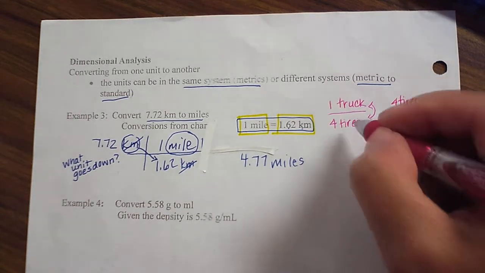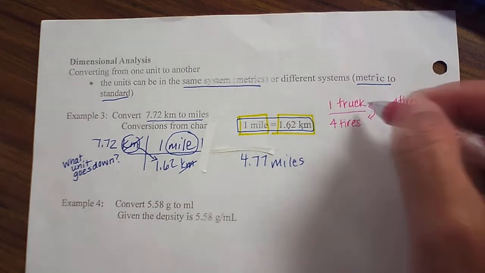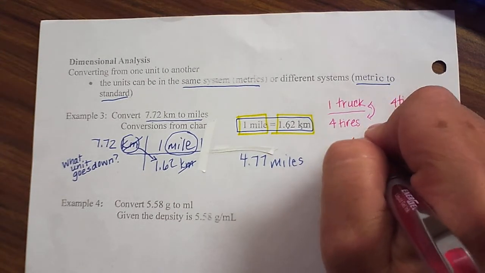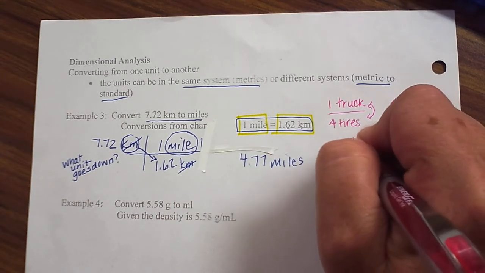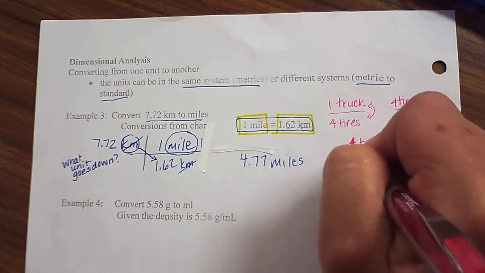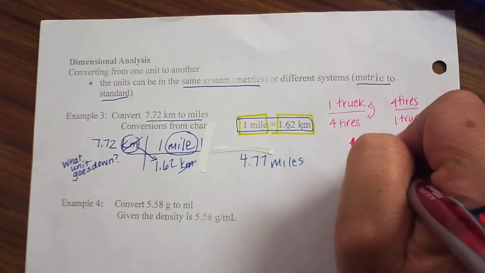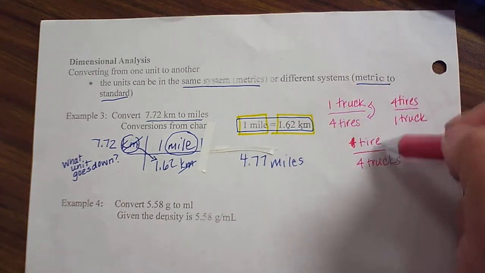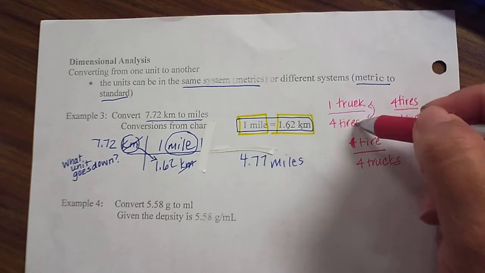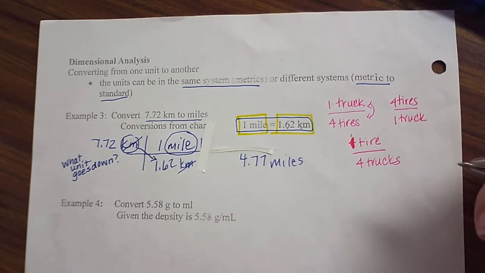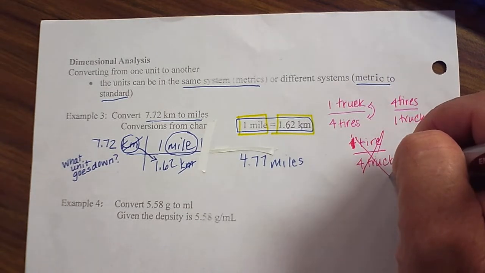But what I can't do is flip the unit without flipping the numbers. So what I can't do is say 1 tire with 4 trucks. That is not acceptable. What I did here was I flipped this, but I didn't flip the numbers. So the 4 is still on the bottom.